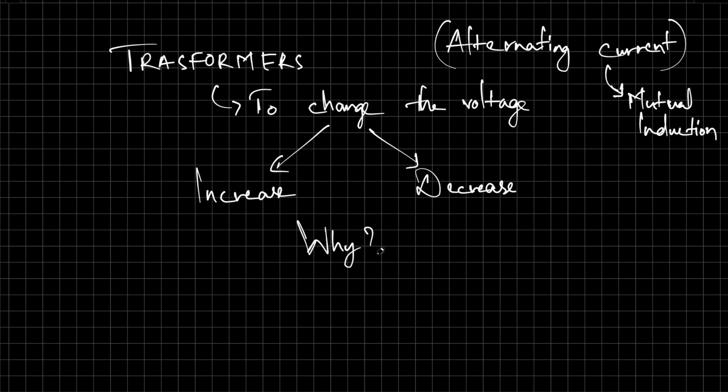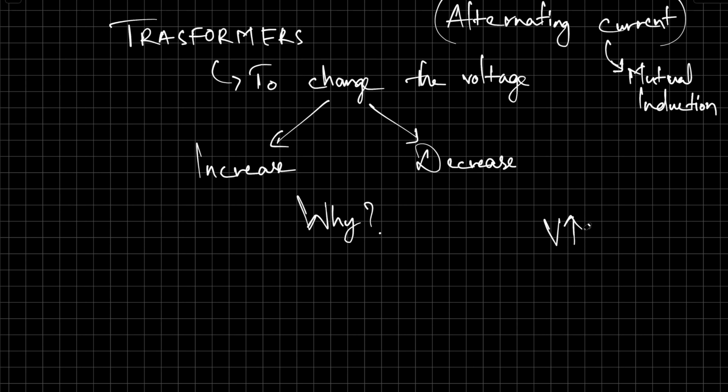But why do we need to change the voltage in the first place? This is mainly for efficient long-distance power transmission. We need to increase the voltage before we transfer the power to distant places. There's a reason for that. Let's say at a power plant, 50,000 watts of power is being generated.